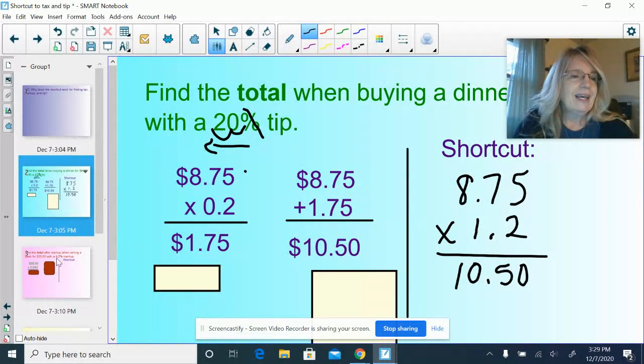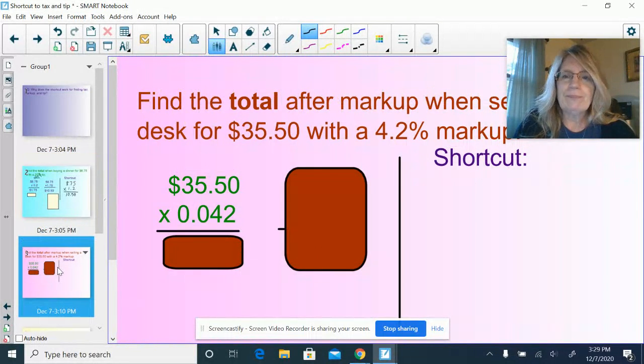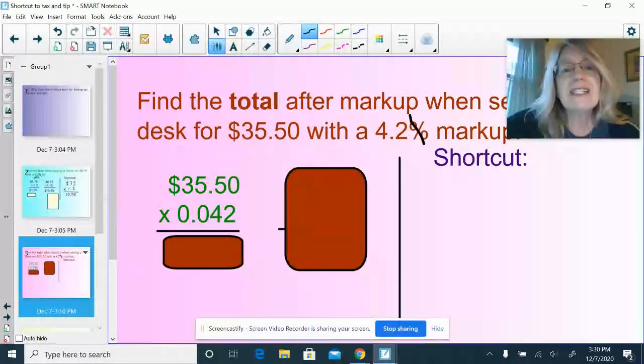Okay. Another example. Find the total after markup when you're selling a desk for $35.50 with a 4.2% markup. So again, drop the percent sign, move the decimal 2 places to the left.